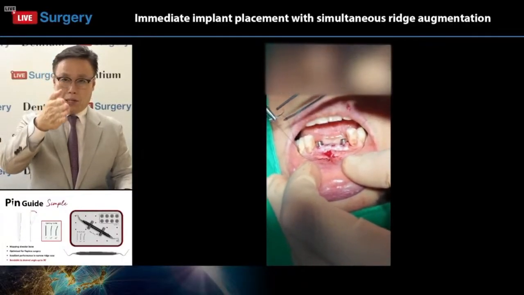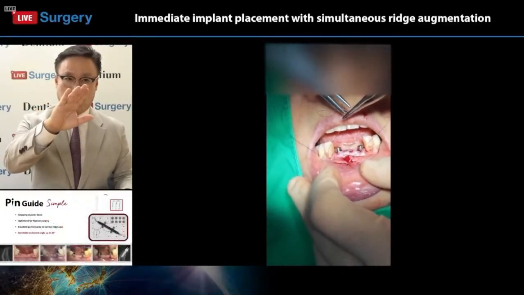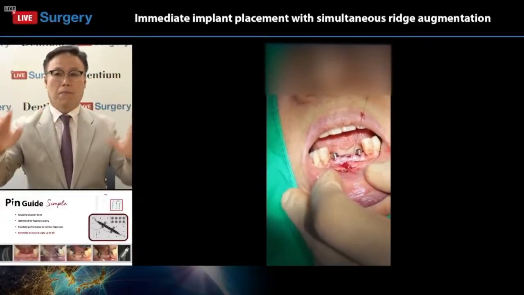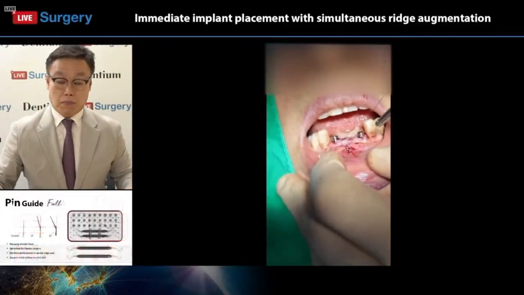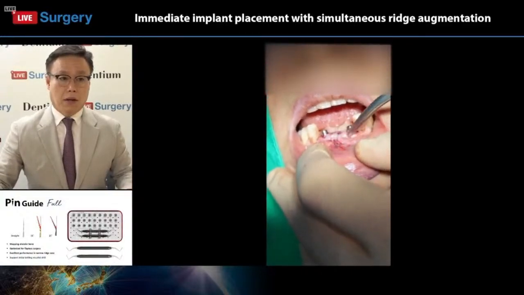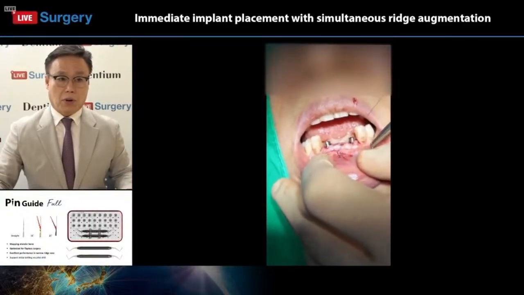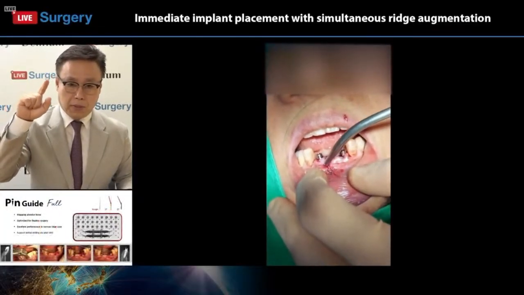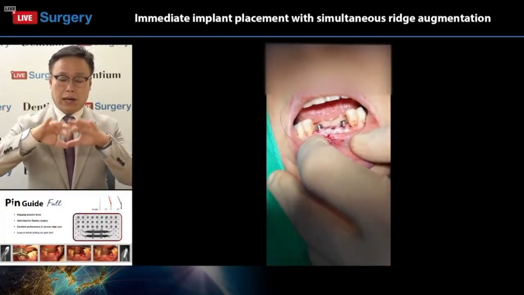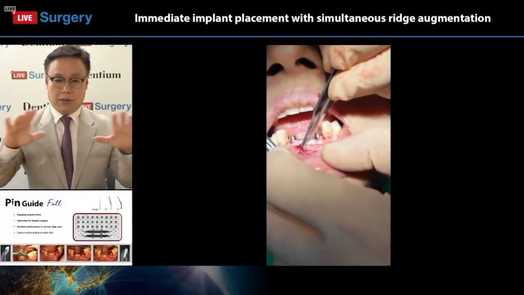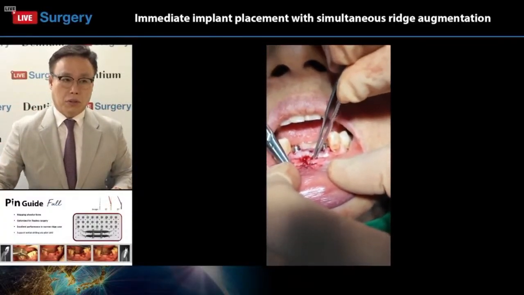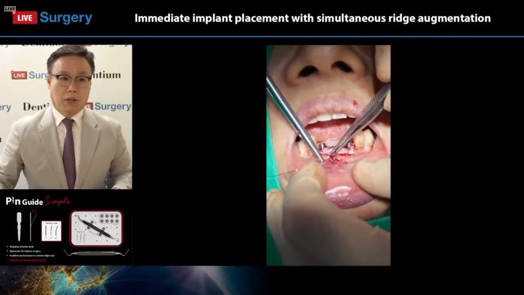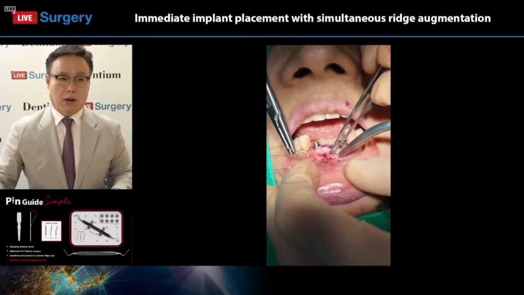We made the vestibular incision and applied the bone graft, so the space became bigger. Then some people may think that it will be difficult to achieve primary closure. However, because we made the vestibular incision in the oral mucosa, not keratinized tissue, there is a lot of chance for primary closure, because we don't have to worry about tension in the oral mucosa area.